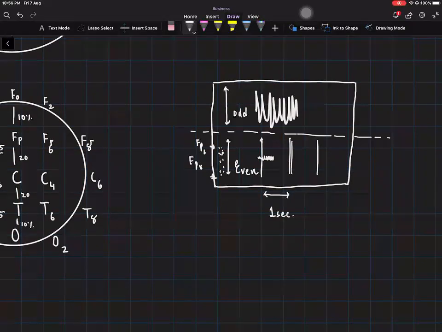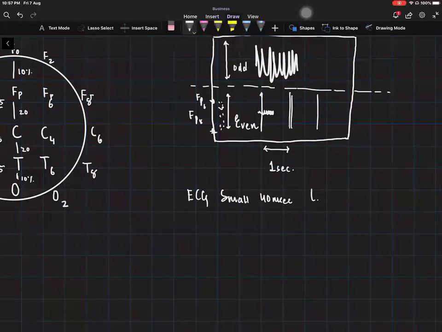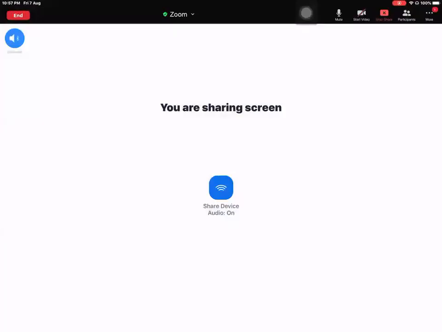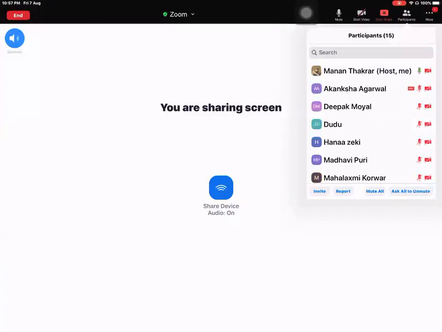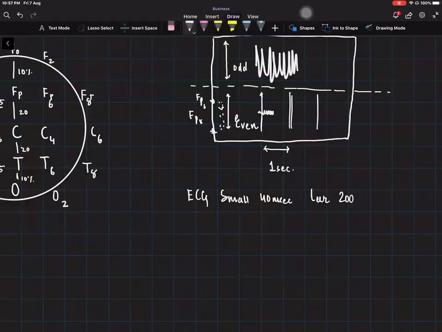So like in your ECG, each small box, if you remember, represents a 40 millisecond gap, and the large boxes represent a 200 millisecond gap.